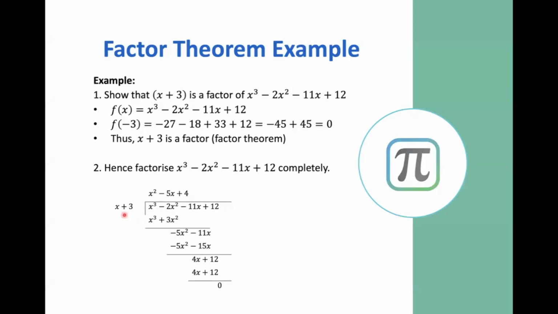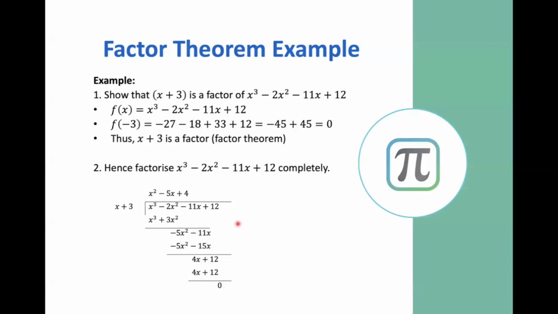We're dividing by x plus 3, so x cubed divided by x is going to give us x squared. But we multiply that back out, so we have x cubed, and then plus 3 times x squared gives us 3x squared. We then subtract. Minus 2x squared minus 3x squared gives us minus 5x squared.